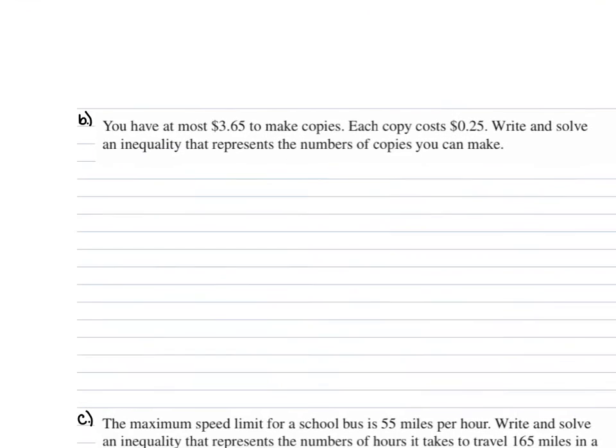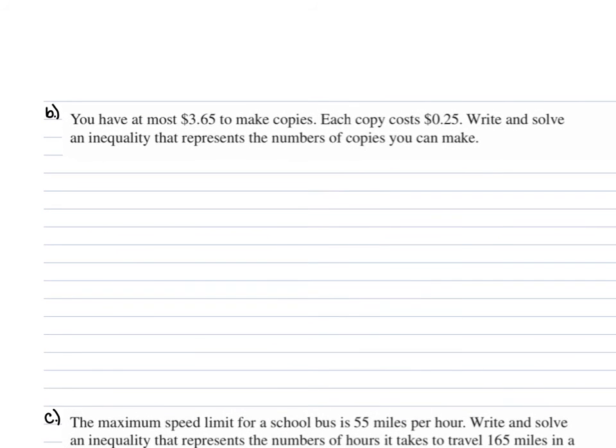For some word problems that are not done for us, for example B, it tells us that you have at most $3.65 to make copies. Each copy costs 25 cents. Write and solve an inequality that represents the number of copies you can make. So when you do this, you have at most $3.65. Each copy is 25 cents, so we can represent that as 0.25 times c.